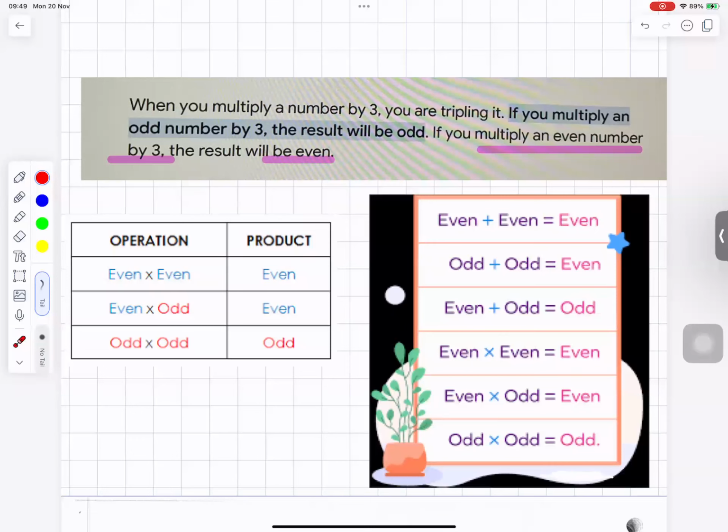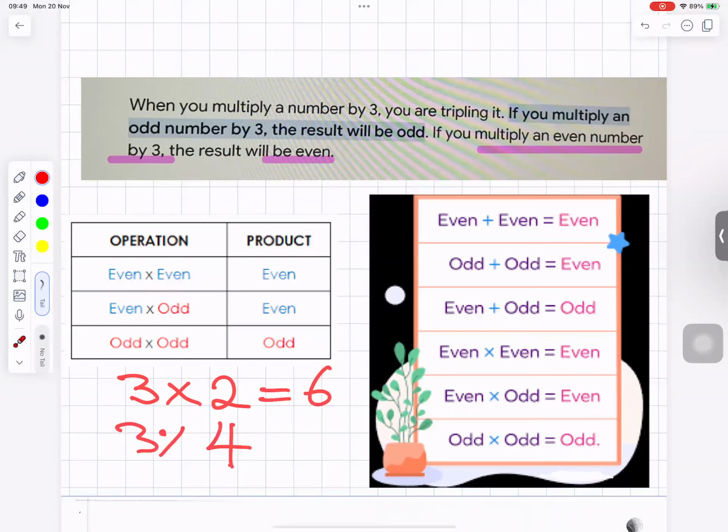And these are other things for you to learn on the side. The next thing is, if you multiply an even number by 3, the result will be an even number. Take, for example, the even number 2. You multiply by 3, you get 6. If the even number is 4, you multiply by 3, you get 12. If the even number is 10, you multiply by 3, you get 30.